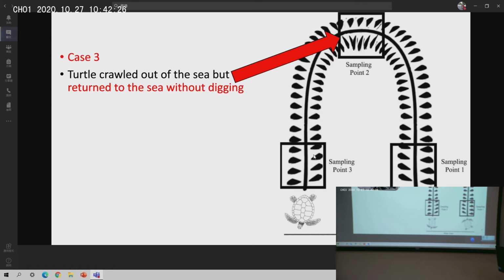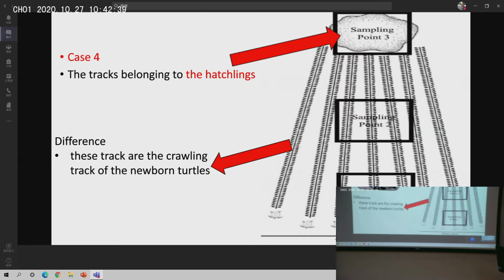You can see that this is sampling point 2, but the turtle did not nest or dig in here, it just passed by. Case 4 is the track belonging to the hatchlings, and these tracks are the crawling tracks of the newborn turtles. Cases 1 to 3 are for adult turtles.